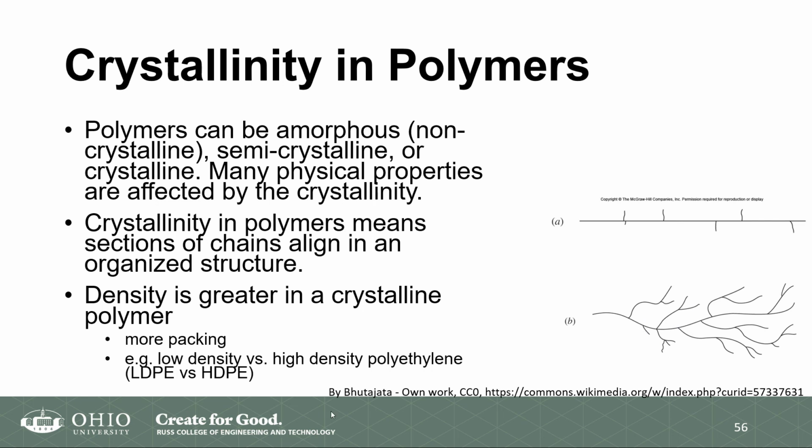So let's just think this through. Think about what we mean when we say something has a low density, right? So density is a function of mass divided by volume. So if two things have the same mass, if the volume is high, the density is low.